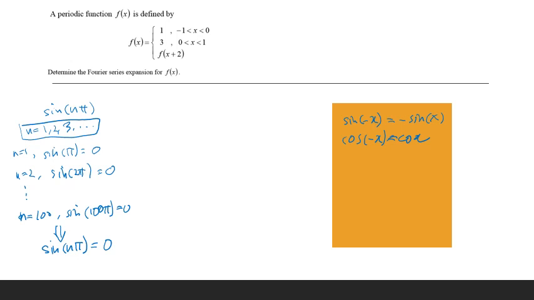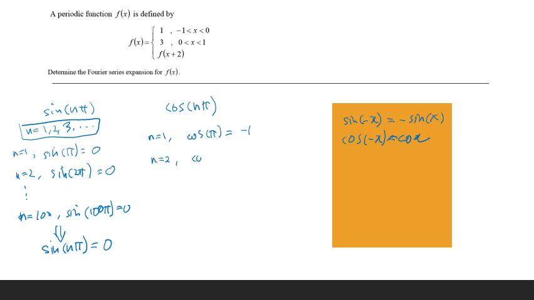Next we go to the cos n pi formula. Same here, n is a positive integer. Let's try n equal to 1 first. We have cos pi. Using the calculator, cos 180 gives negative 1. How about n equal to 2?